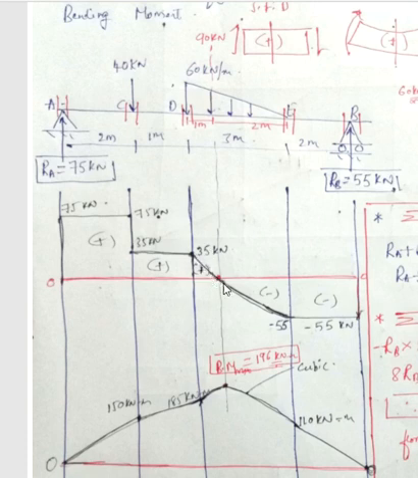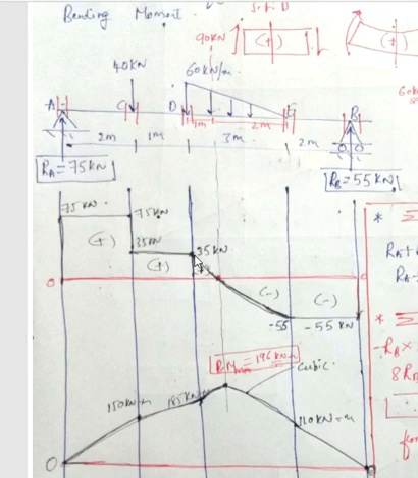So the curve will be like this. You cannot have the curve like this. I am going to have the curve like this because the point of application of force is near here. So if I take it like this, then it will cross here. Here I am getting zero shear force. That means when I plot the bending moment, I'll get the maximum bending moment at this section. Now further we'll continue.